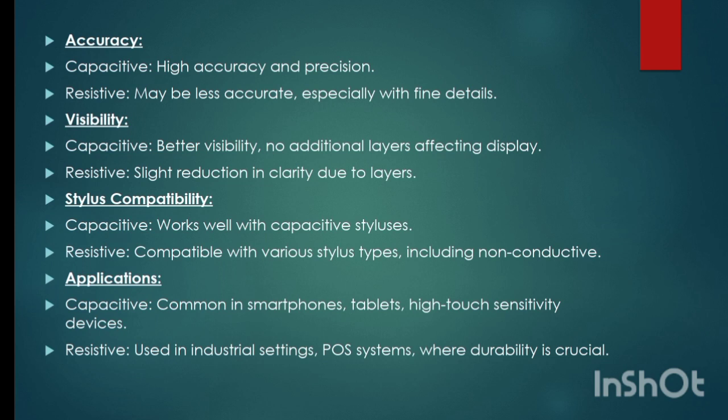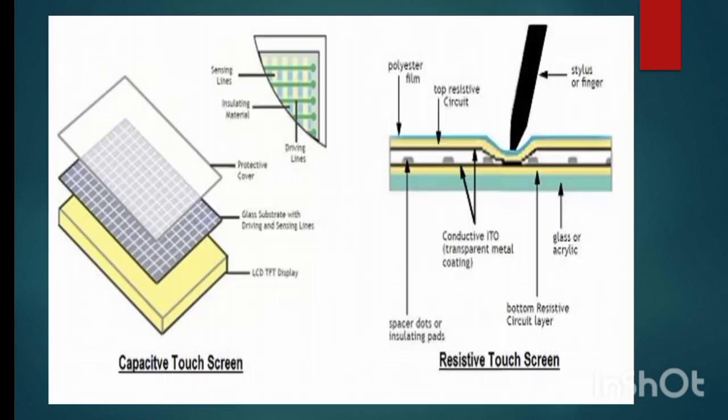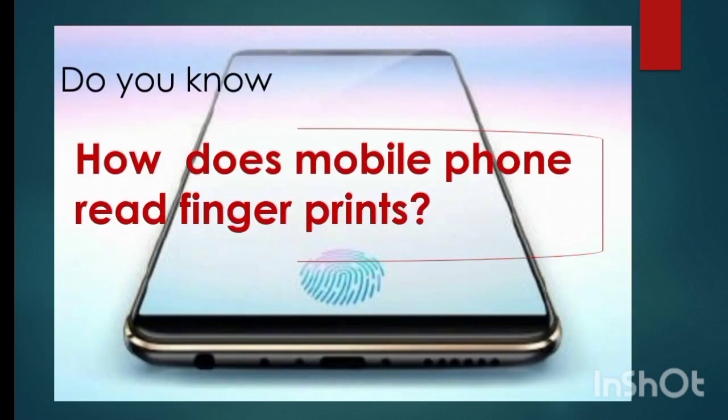Resistive types are compatible with various stylus types, including non-conductive ones. Capacitive types are common in smartphones, tablets, and high touch sensitivity devices, and resistive types are used in industrial settings and POS systems where durability is crucial. Here, a capacitive type touch screen and a resistive type touch screen are both shown.